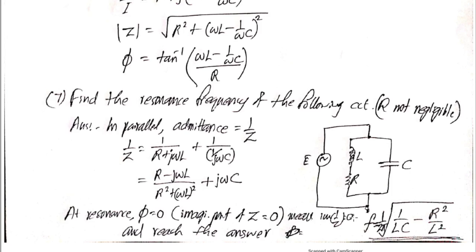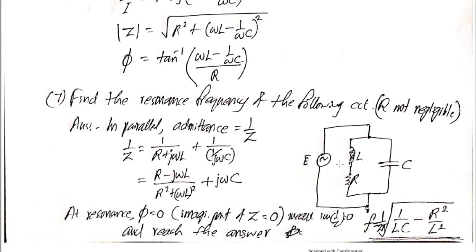So if we equate the imaginary part of 1/Z to 0, we will get the frequency f equal to 1/(2π) into root of (1/LC − R²/L²), or angular frequency ω equal to root of (1/LC − R²/L²). So from this expression we will get the special case. If R is equal to 0, we get 1/(2π√(LC)) as in the previous case.